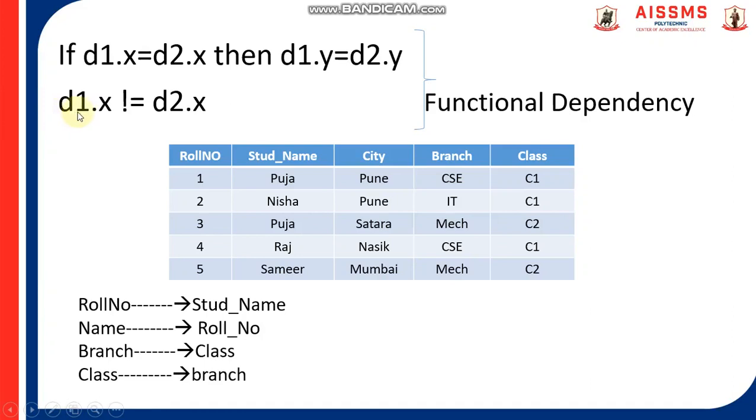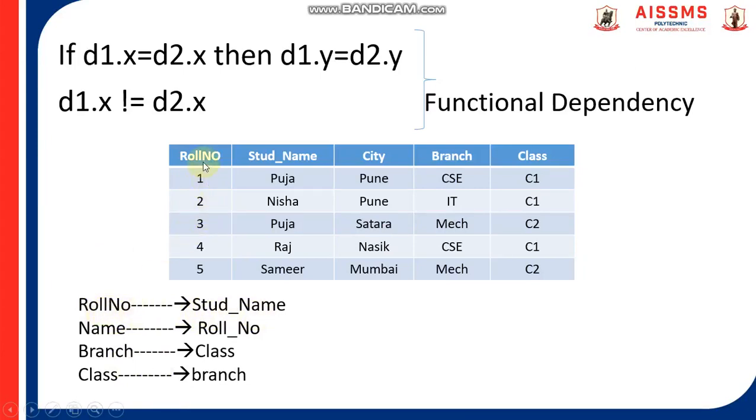The second condition is, if d1.x is not equal to d2.x, then do not bother about the value of y, because if the value of an attribute is not repeated, then there is no need to check the dependent value. Okay, this is roll number arrow student name. In this example, student name is the dependent and roll number is the determinant.